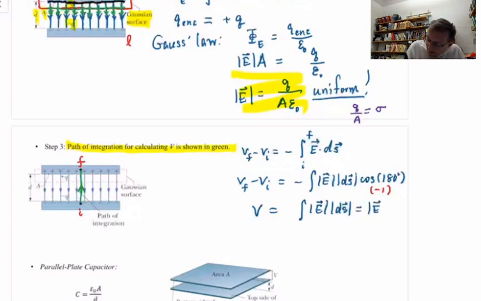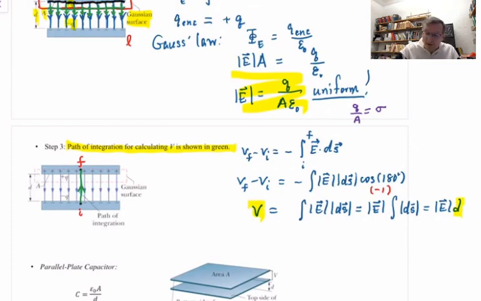Then you just have the integral of all the little ds's, little steps, from point I to point F. Well, that'll just be the total distance from point I to point F, which is d. So this is just magnitude of E times the distance d between the plates. So now we have a nice simple formula relating the magnitude of the electric field, the potential difference V, and the distance d between the plates.